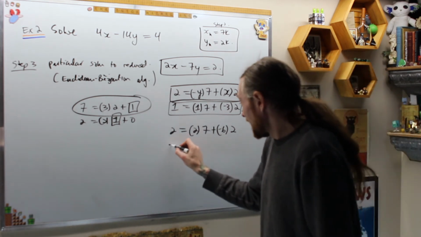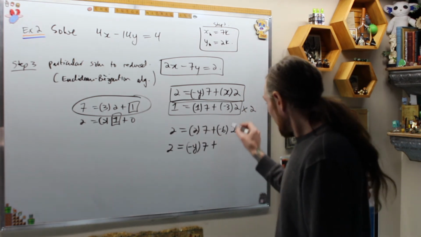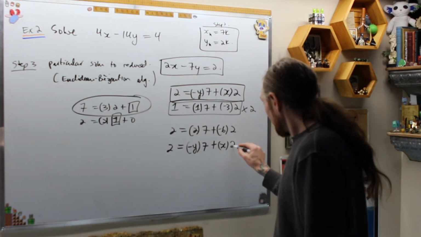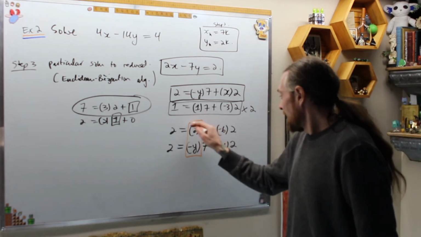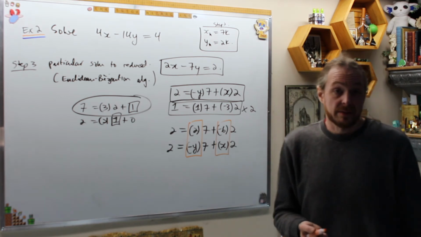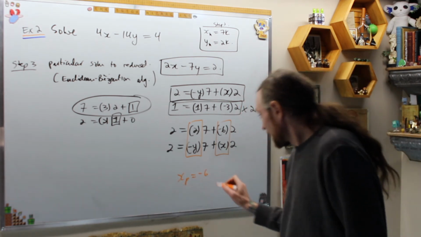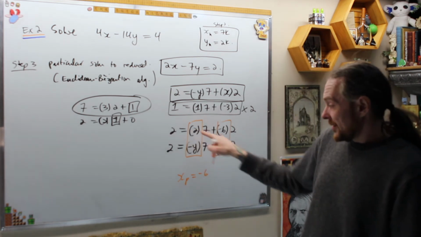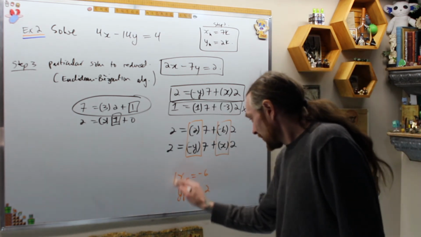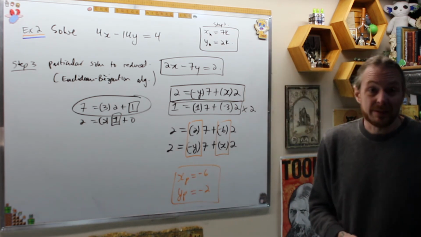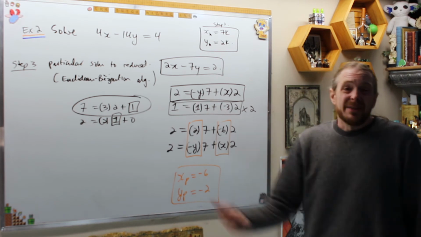Then I was looking for 2 equals negative y times 7 plus x times 2. And then I vertically line this up, and it gives me the particular solution. What does that say? It says x particular is equal to negative 6, and negative y is equal to 2, or y particular is equal to negative 2. This gave me a particular solution, which happens to be different than the one that I guessed at, but there's infinitely many solutions.